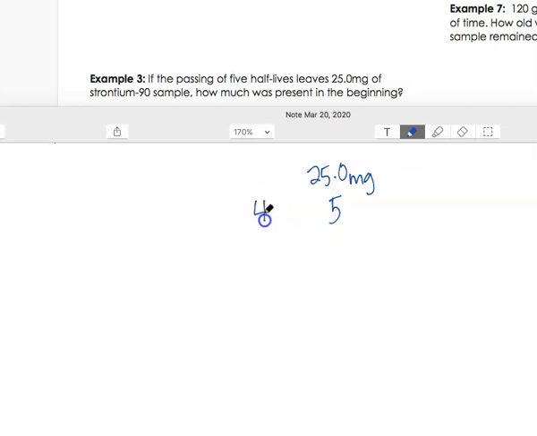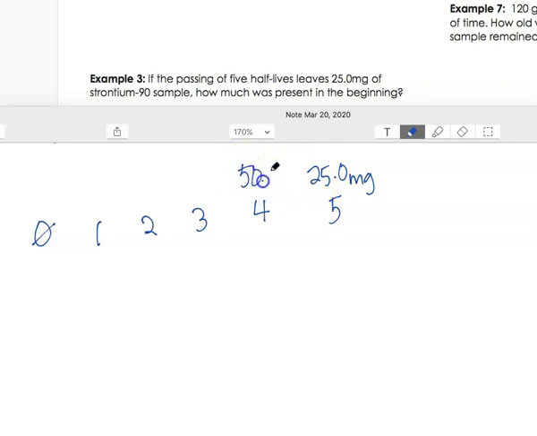So I'm going to work backwards, and it says how much was present in the beginning, and that implies 0. So instead of dividing by half, I'm going to multiply by 2.